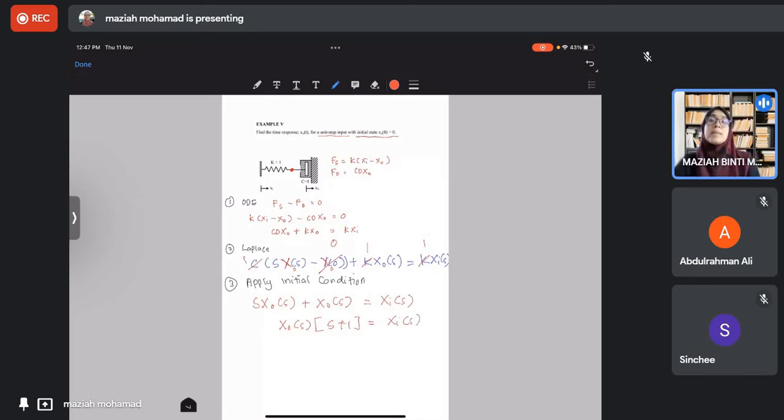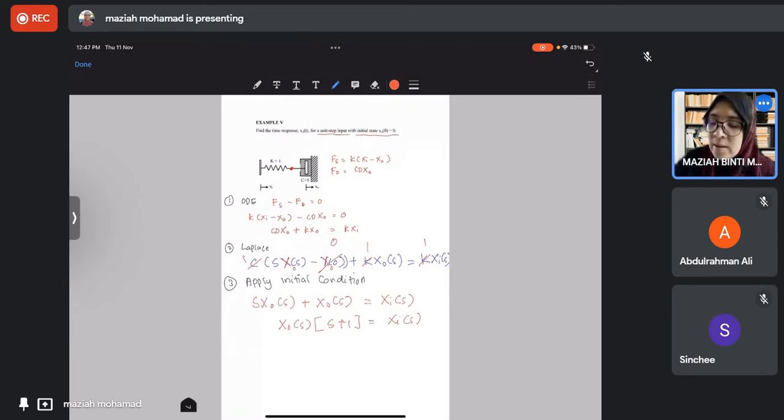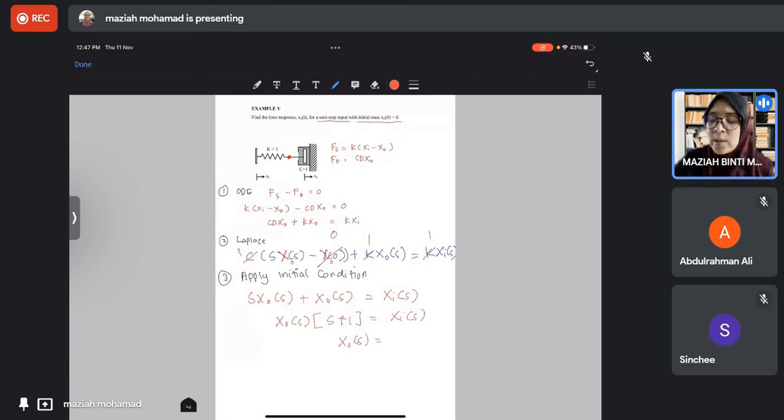Remember Xi is the input and X naught is the output. So X naught(s), the output, is equal to the transfer function 1 over s plus 1, multiplied with the input, Xi(s).